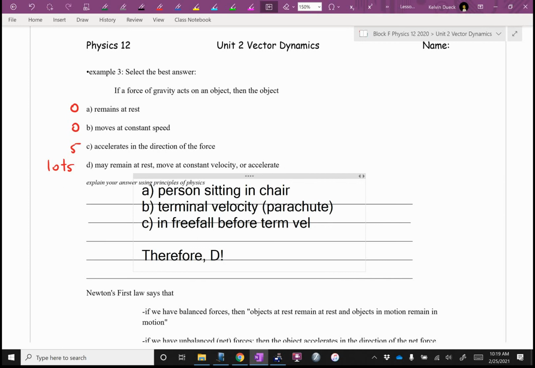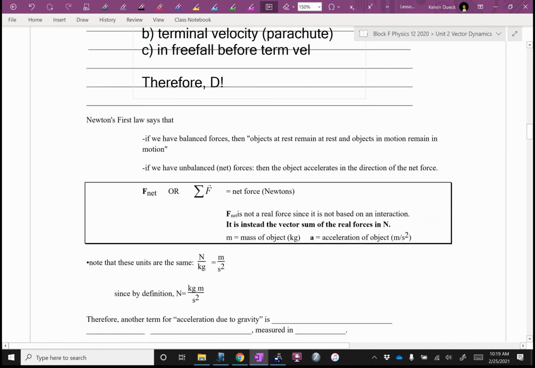So Newton's first law says that if we have balanced forces, objects at rest remain at rest. If forces are balanced, a equals 0. If forces are unbalanced, a cannot be 0. And it works backwards.